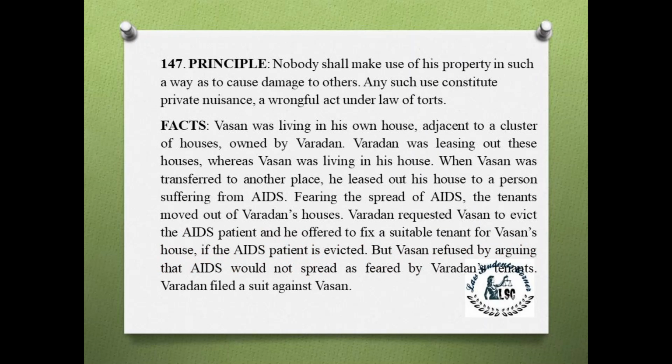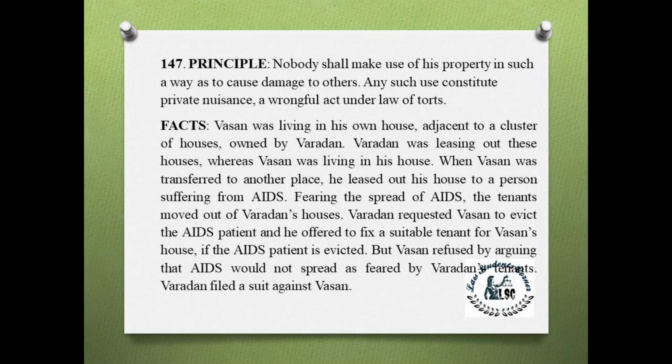Okay. Question number 147. Principle: Nobody shall make use of his property in such a way as to cause damage to others. Any such use constitutes private nuisance, a wrongful act under law of torts. Facts: Vasan was living in his own house adjacent to a cluster of houses owned by Varadan. Varadan was leasing out these houses, whereas Vasan was living in his house.